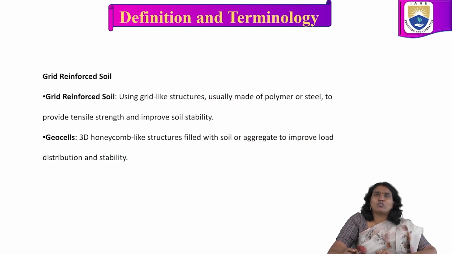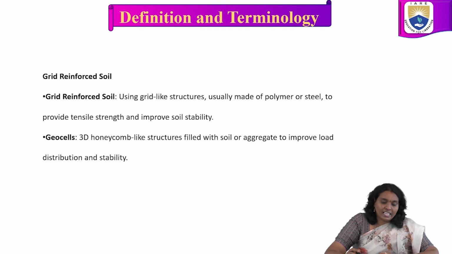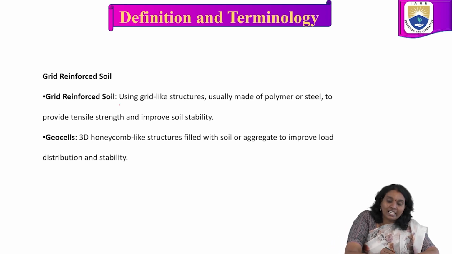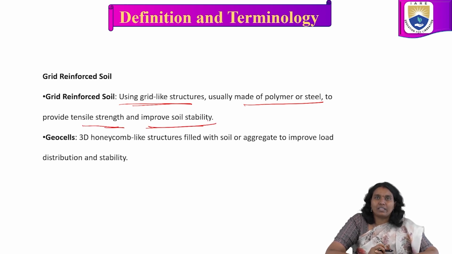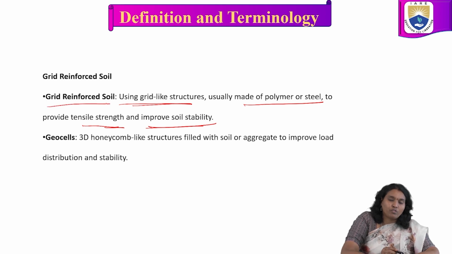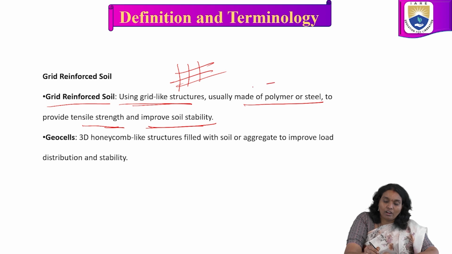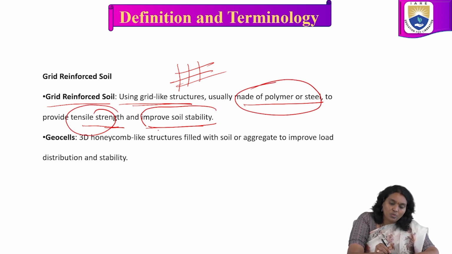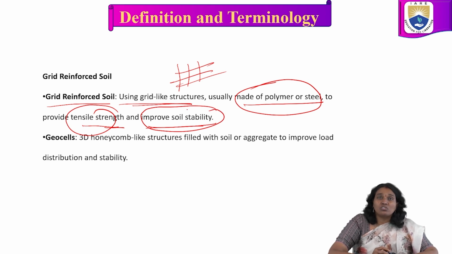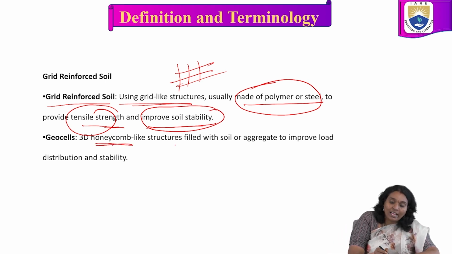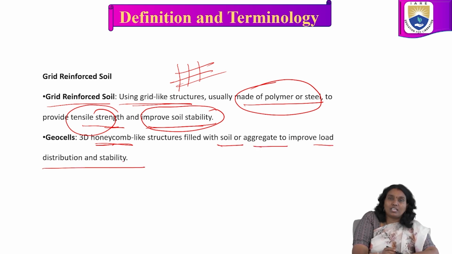Grid reinforced soil uses grid-like structures, usually made of polymer or steel, to provide tensile strength and improve soil stability. Geocells are 3D honeycomb-like structures filled with soil or aggregate to improve load distribution and stability.